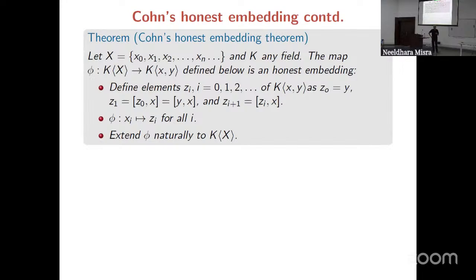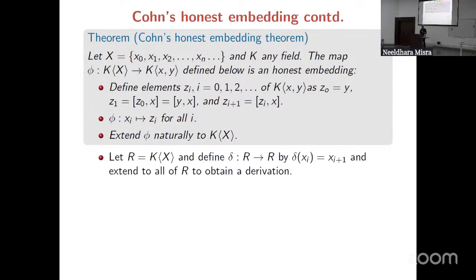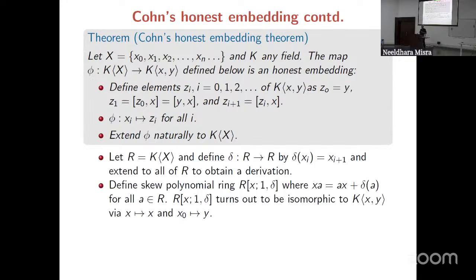In fact, this can even embed K with infinitely many non-commuting variables into K with just two non-commuting variables, such that it preserves the ranks of matrices. The ranks in the sense that I defined, but because these rings are very nice and have what are called universal fields of fractions, they're almost like the ranks that we understand over fields.